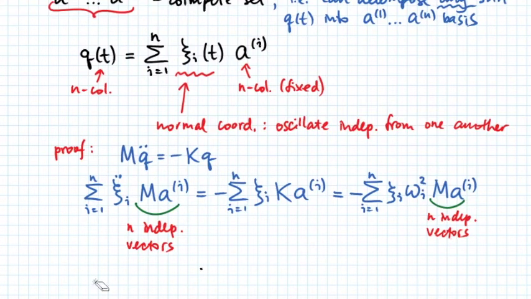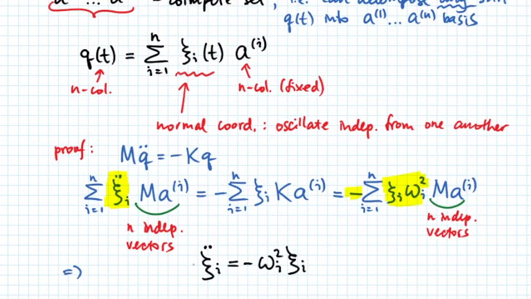In other words, the only way that this expression can be true is when this coefficient is equal to this coefficient with a minus sign. We have obtained the result that says that normal coordinates oscillate independent from each other, each at frequency given by the eigenvalue of our problem.